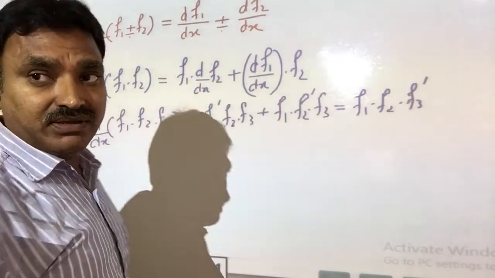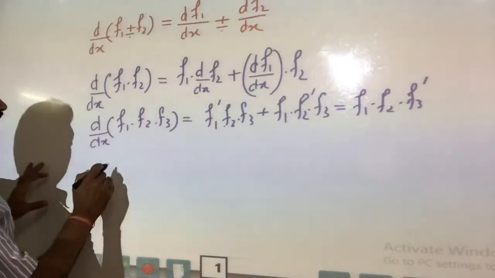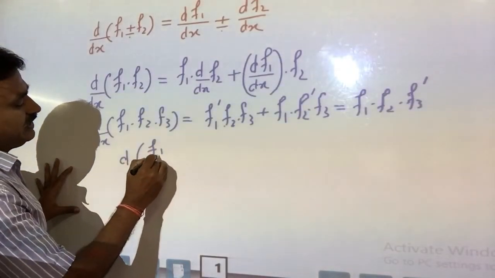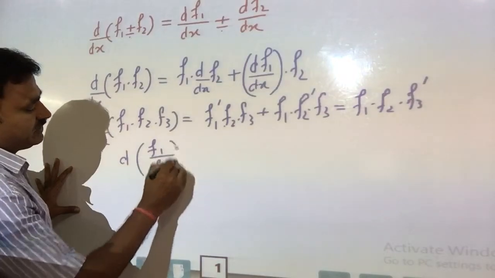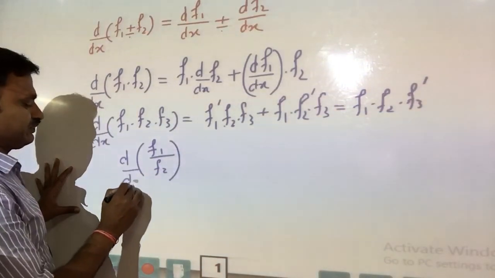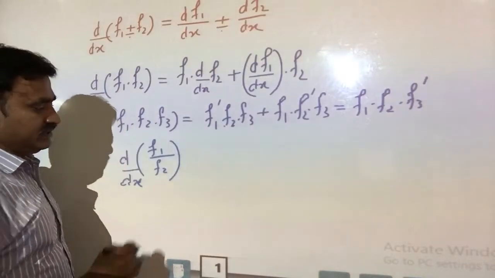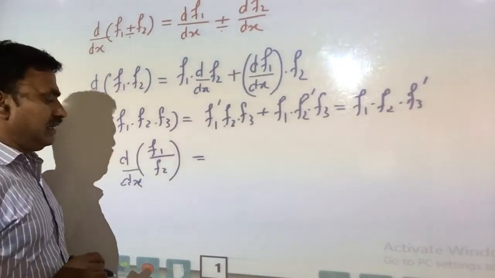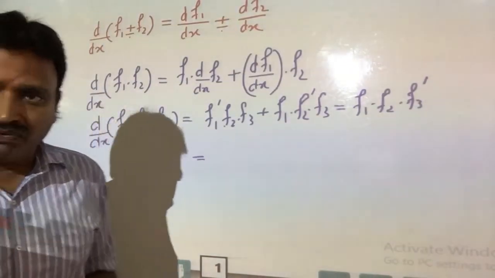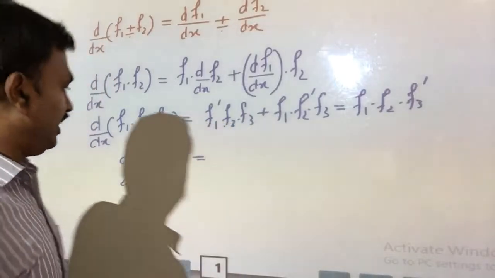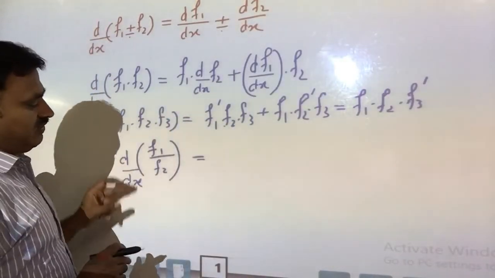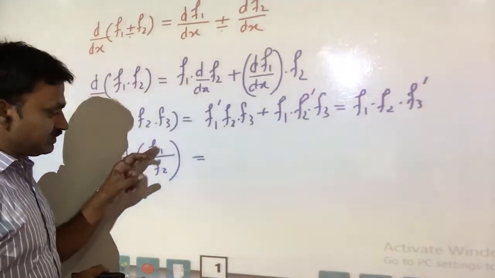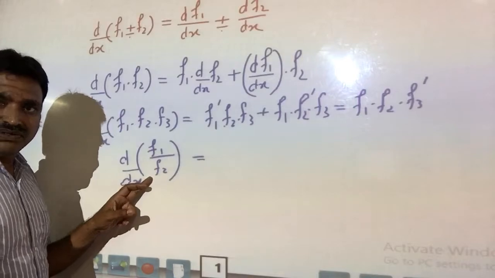And one more very important concept we have read in class 11, that is the differentiation of division of functions, f1 by f2. In this it should be clear that function f2 is never 0 for any value of x. Then for the differentiation of the division of these two functions f1 upon f2, this is called the numerator function, this is called the denominator function.